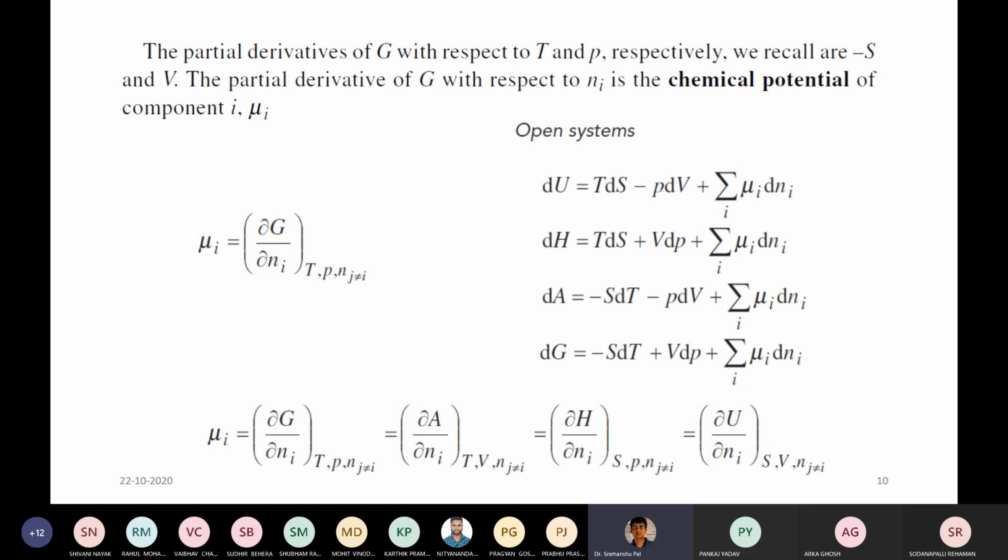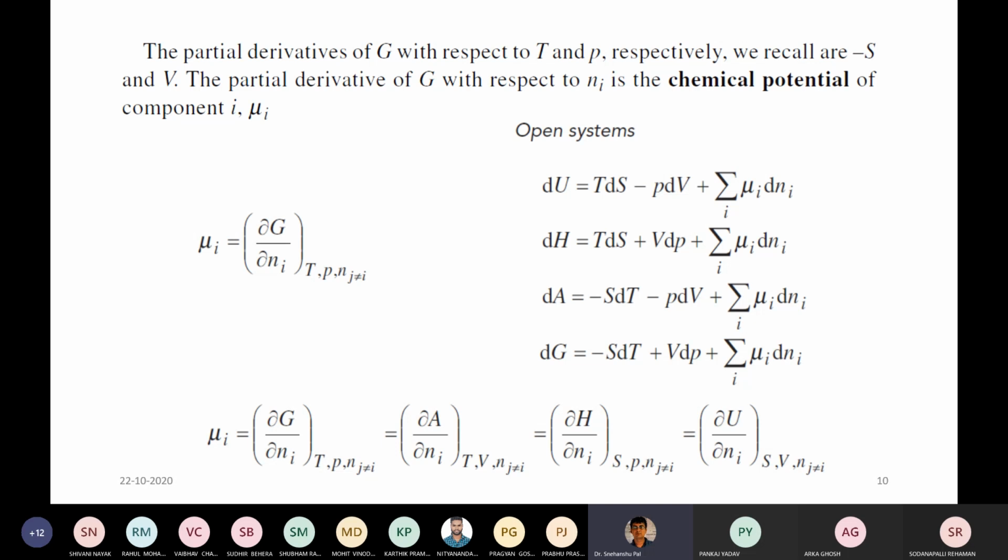So for an open system the relationships are changing. The difference between the closed system and the open system is that you have to add a mu-oriented term, that is the summation of mu i dNi. You have to add that term to the usual closed system representation of internal energy, enthalpy, Helmholtz free energy, and Gibbs free energy. The definitions of chemical potential with respect to all the thermodynamic potential functions are given here.